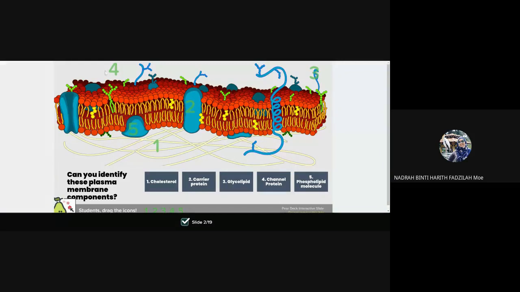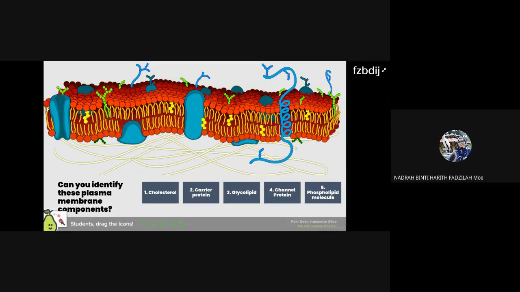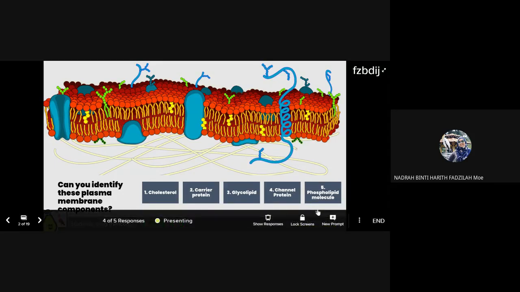For today's lesson, we will go back to the plasma membrane, chapter 3, after discussing chapter 2 last Monday. Don't worry about chapter 2. As I go through our lesson plan or study plan until chapter 6, I can see that we will revisit the structure and functions of many components of the cell from chapter 3 until chapter 6.